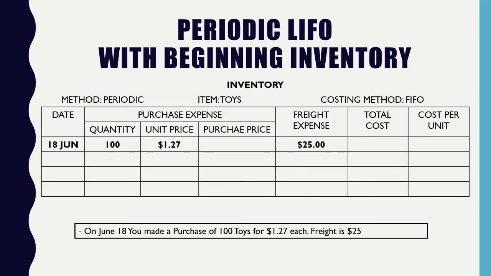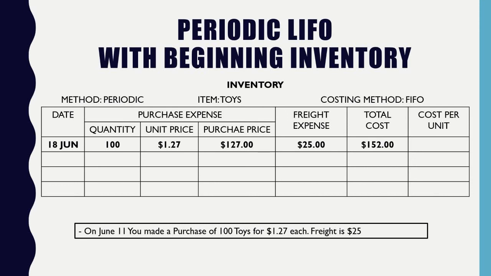So now we're going to go on to the next part, the purchases of inventory. We made a purchase of inventory on June 18: 100 of those units at $1.27 with freight of $25. So again, you're going to rinse and repeat and continue doing the same thing. You need to solve for your purchase price, which is $127 plus the freight of $25, which gives you a total of $152.